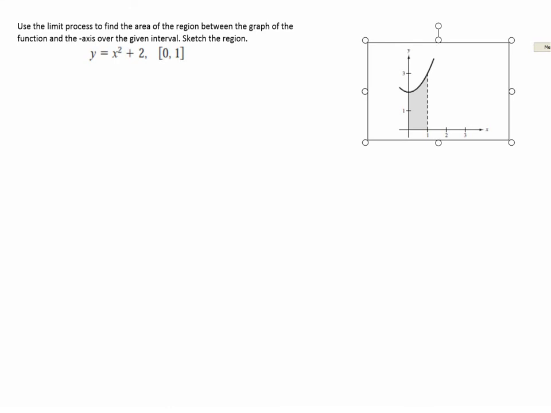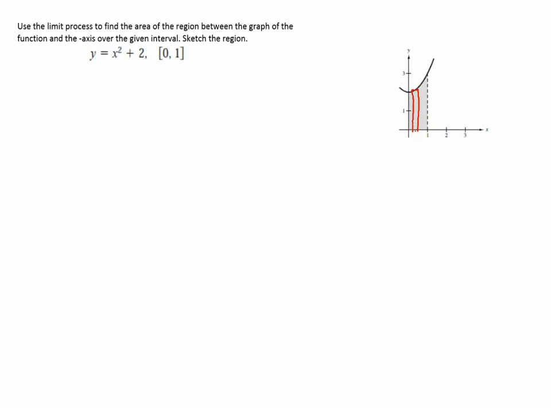First of all, we have to divide this area into subintervals. So we will try to draw some rectangles. If we draw a vertical line like this, and another vertical line such that we have a rectangle here.